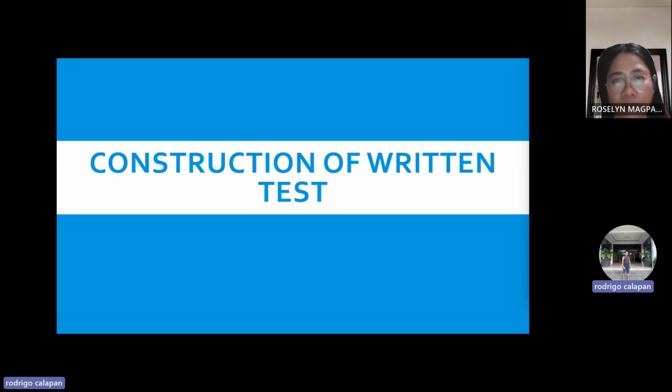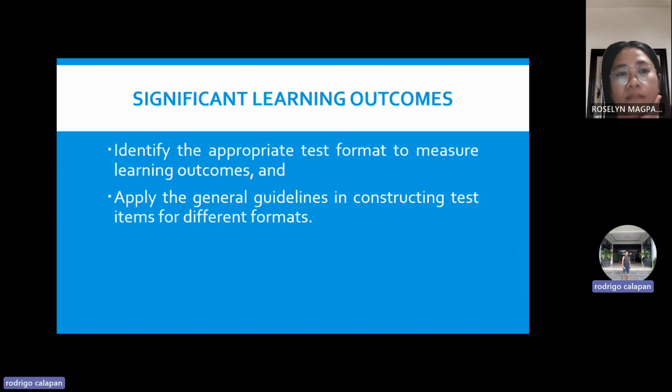So that is why we need to ensure the test effectiveness in assessing the knowledge and skills of our students.